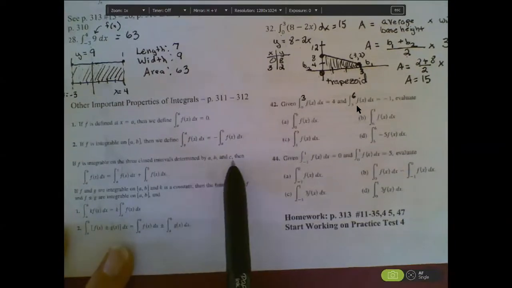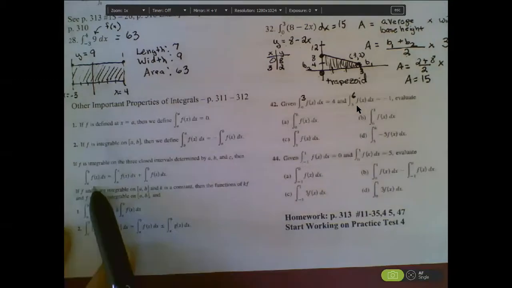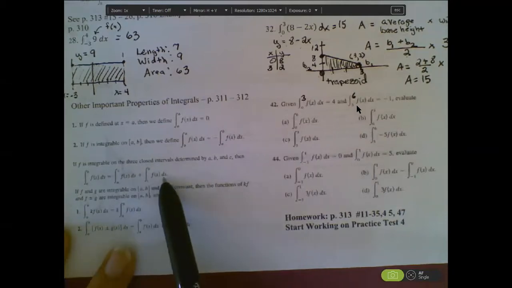If c is some point in between a and b, and I want to integrate from a all the way to b, I can integrate from a to c, and then from c to b, and add those two values.